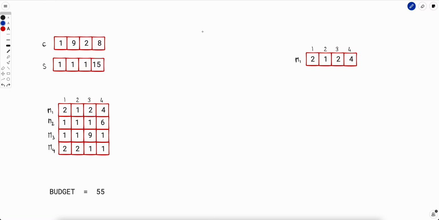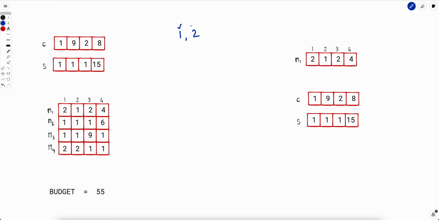So one thing you can do is, let's just copy this over to make it clear. One approach could be, I will see if I can make one alloy using M1. If it is possible to make one alloy, I will see, can I make two alloys? If it is possible to make two alloys, I will check, can I make three alloys?